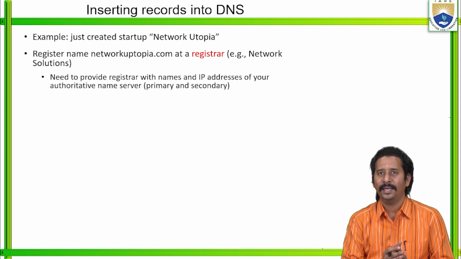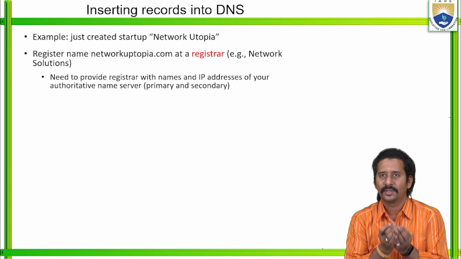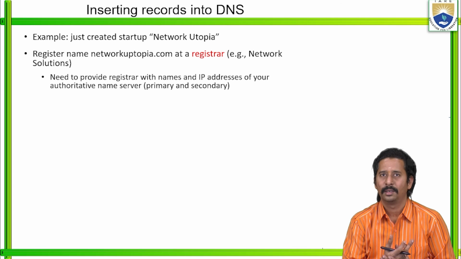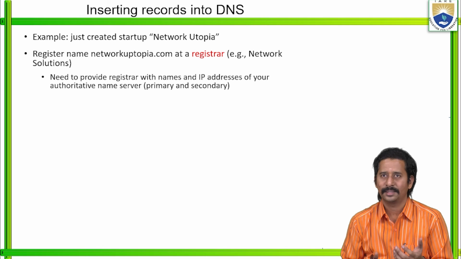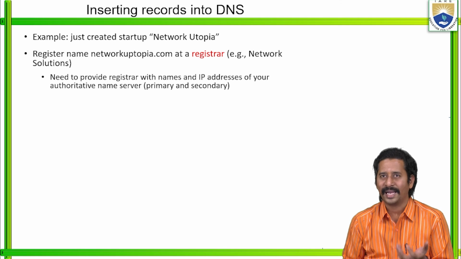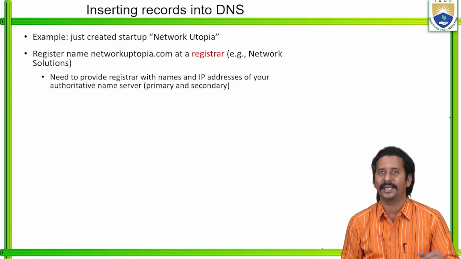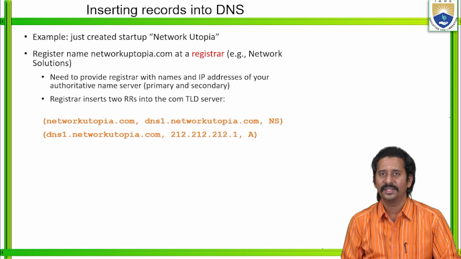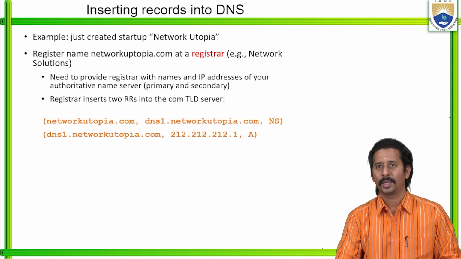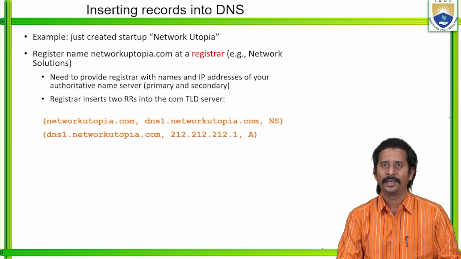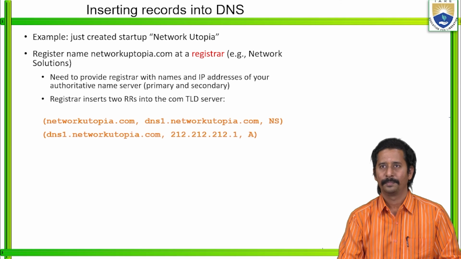Here we need to provide the registrar with the names and IP addresses of our authoritative name servers. Once it has the primary as well as the secondary authoritative name servers, the registrar inserts these records into the .com TLD server, because we are registering networkutopia.com.